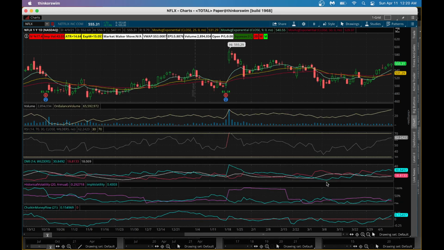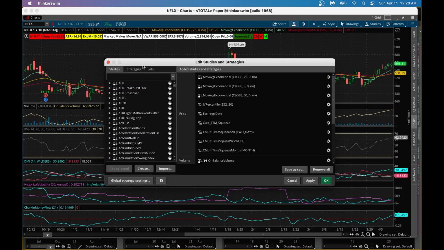Normally what I will do is look at the trend itself. I will show you how to add these trends. Same story here. If you go here, I already added it. I have moving average exponential 25, exponential 9, and exponential 50.